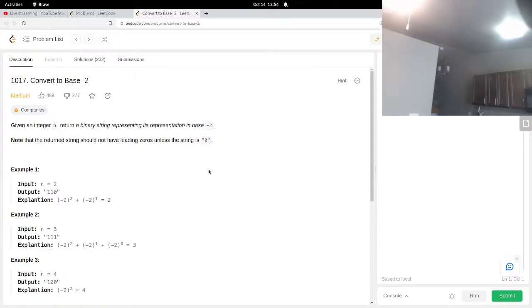Something like 6. That would be 2 squared in base negative 2, which would be negative 2 cubed plus negative 2 squared, right? And then 2 to the first is just 2 to the first.